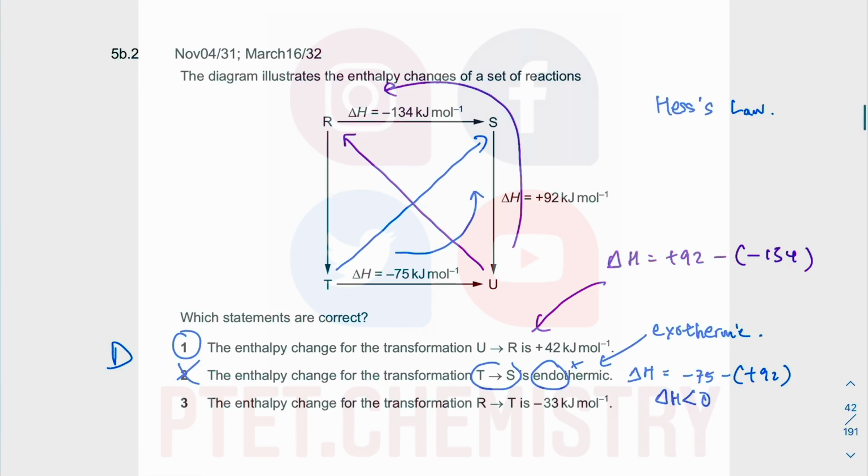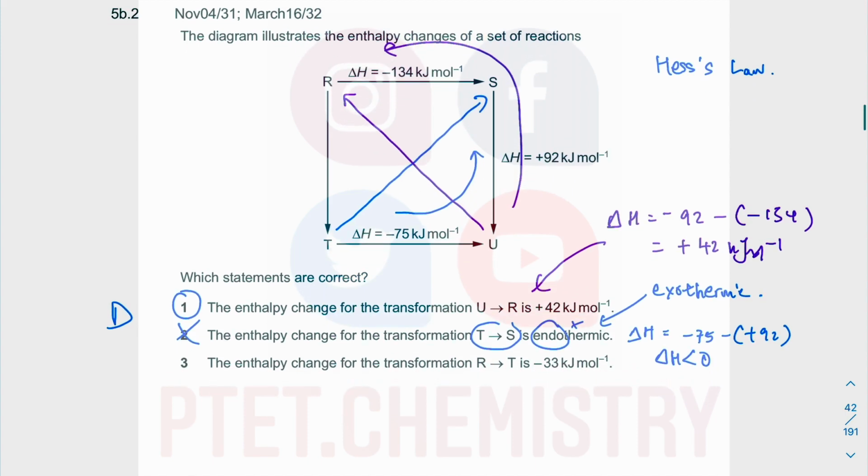So I'm not only going opposite this, but I'm also going opposite that. So I've made a mistake here, quite a careless mistake. It shouldn't be plus 92 because plus 92 is going this way. So this one should have been minus 92, and then that makes sense because I got 1 is the only option that's correct. By working out, 2 is wrong, right? So minus 92 plus 134, then you can get plus 42 kilojoule per mole. So that is indeed correct. Ooh, scared me for a bit there.